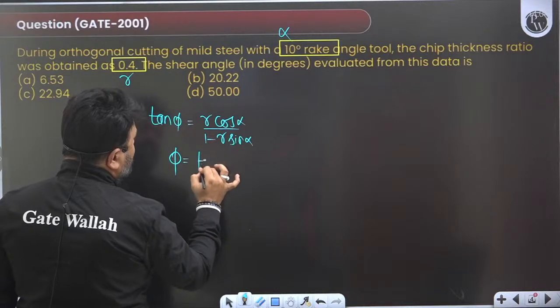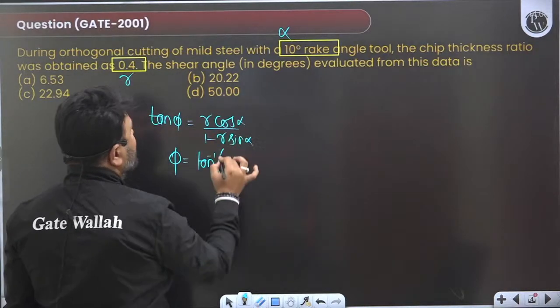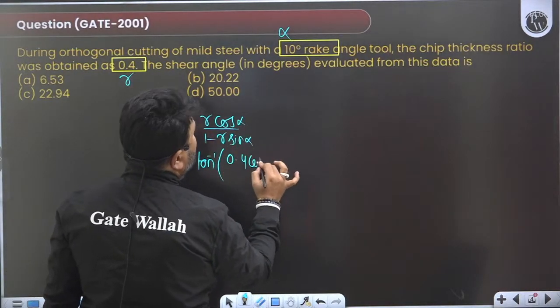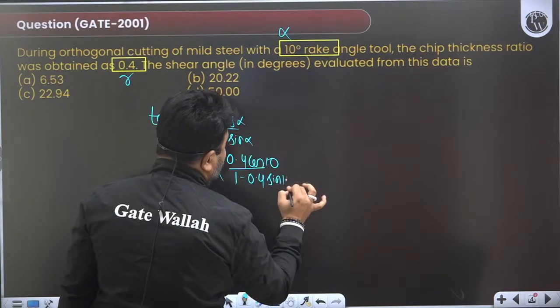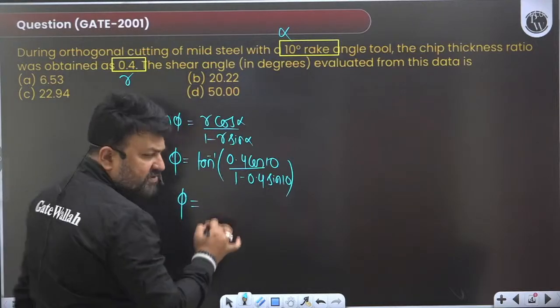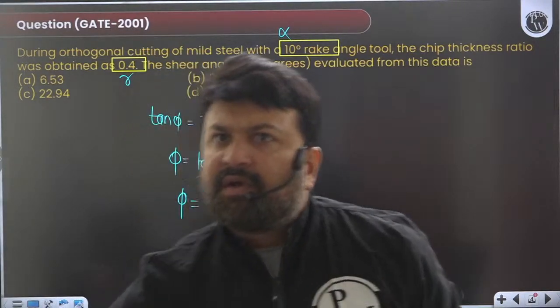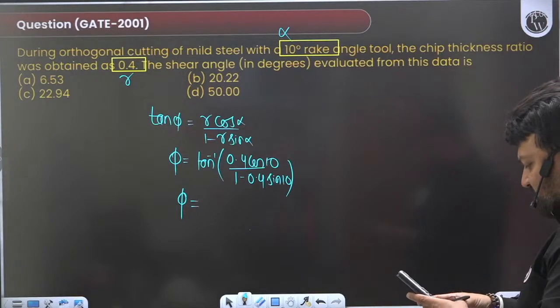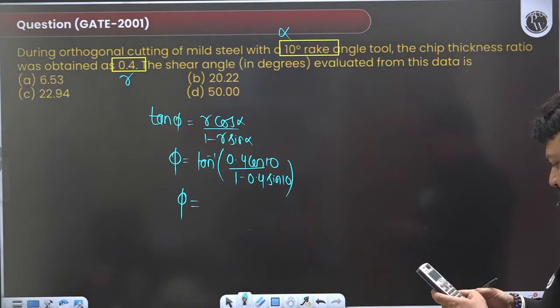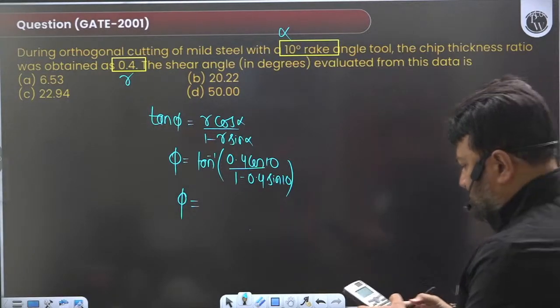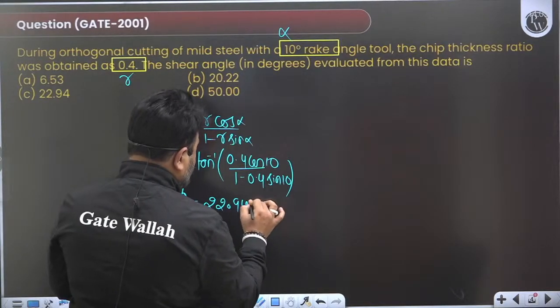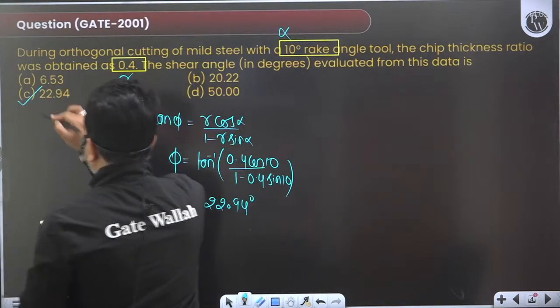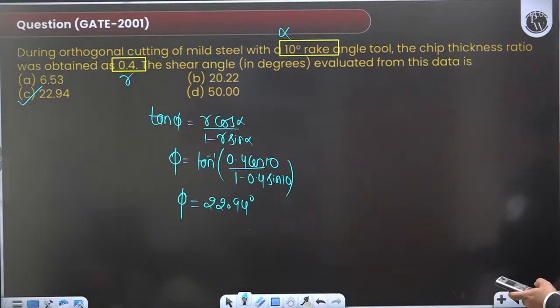Phi equals tan inverse of 0.4 cos 10 divided by 1 minus 0.4 sin 10. So here you will get the shear angle, 22.94 degree. So the correct answer is option C. Next.